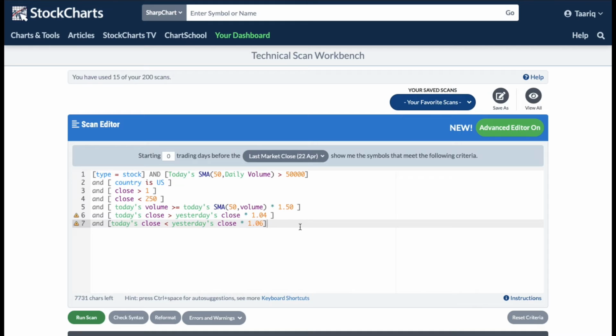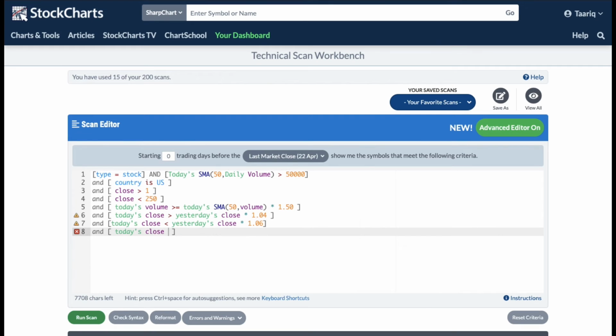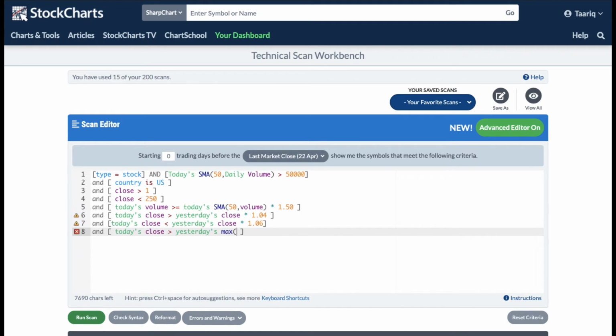And the last thing we want to do is set a max limit. So what we're going to do here is today's close once again. We want it to be greater than yesterday's max, and we want that max over a 5-day period.